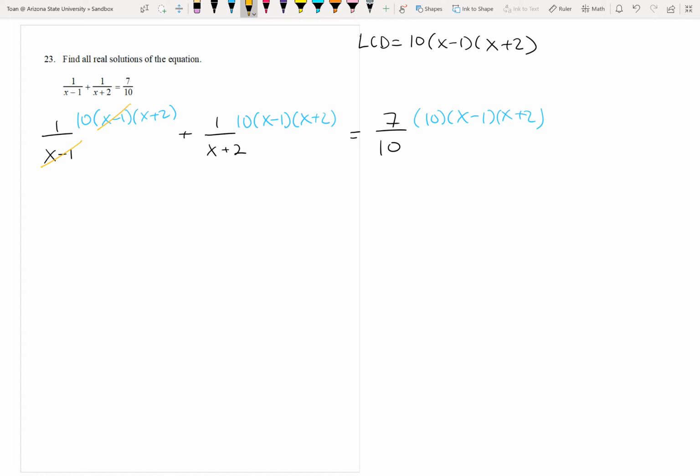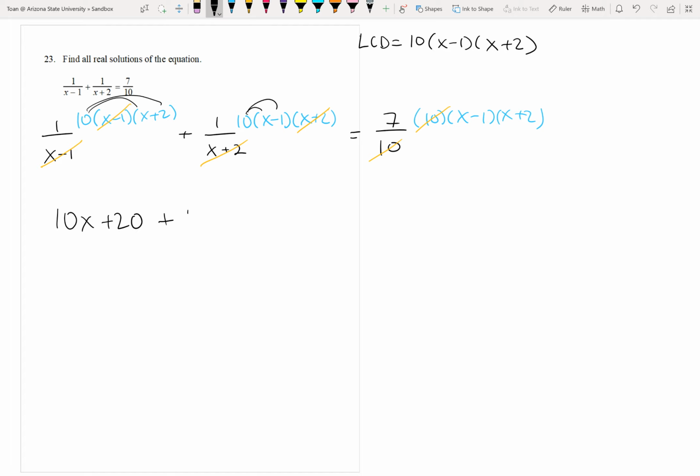So on the left, the x minus 1 cancels. In the middle, the x plus 2 cancels. And in the right, the 10s cancel. And then all I've got to do is multiply what's left over. On the left, we have 10 times x plus 2, which is 10x plus 20.